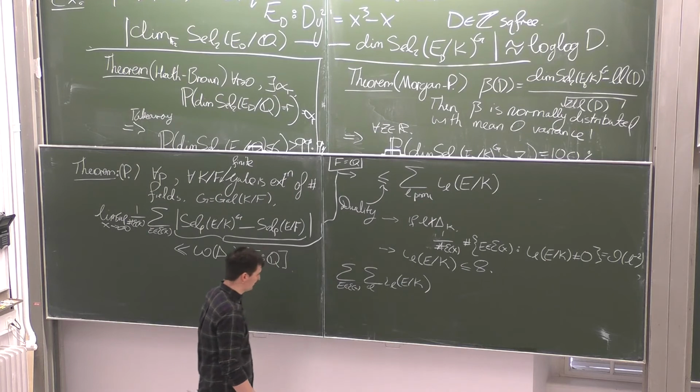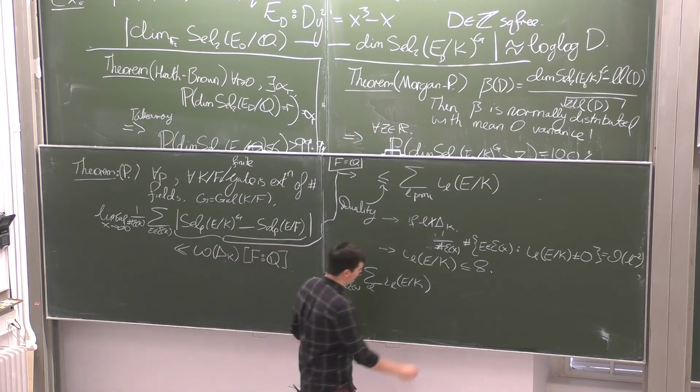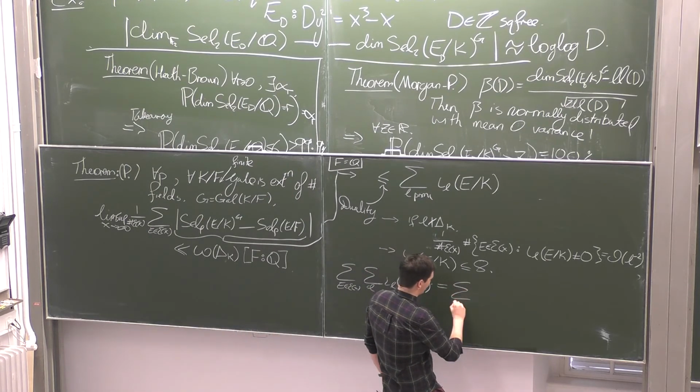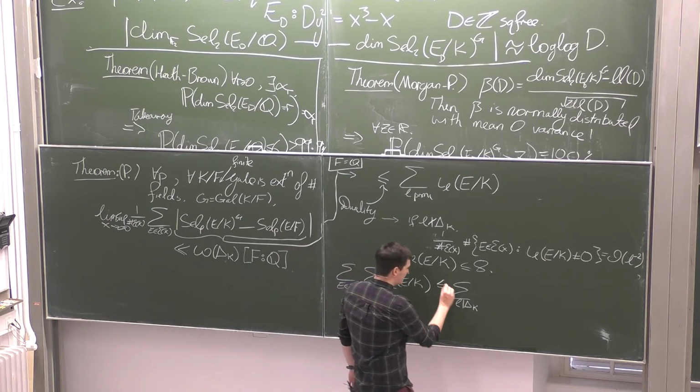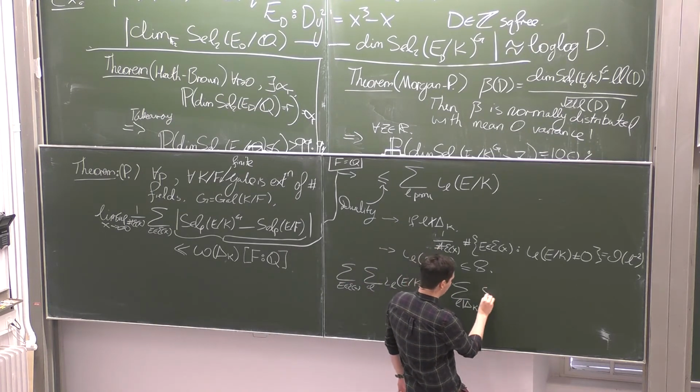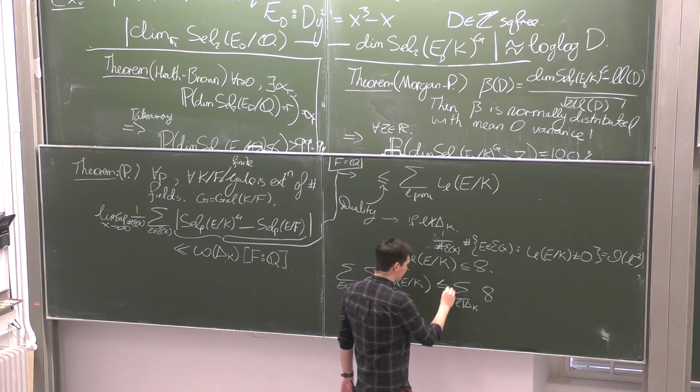You perform the analytic number theory trick, you swap them around. So now you're summing over all primes. Well, the ones that divide the discriminant, we don't know very much about, except that it's at worst 8. So pop an 8 there.